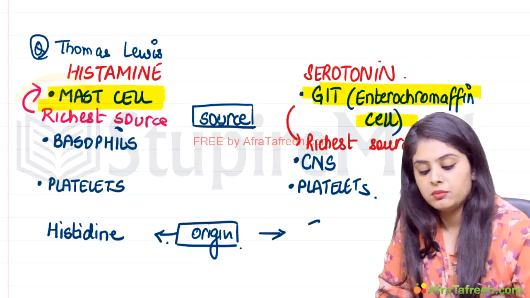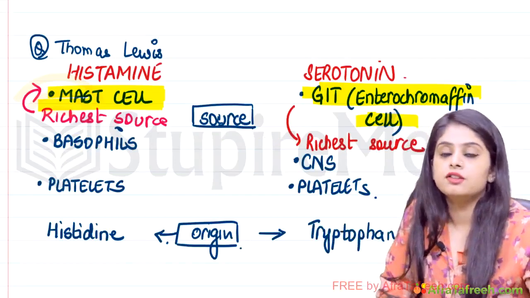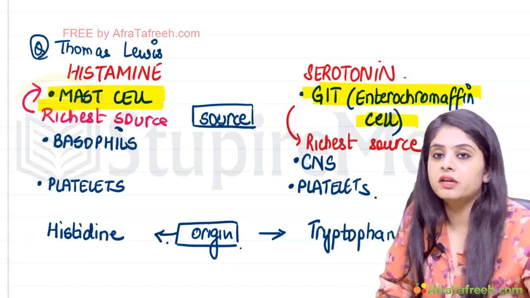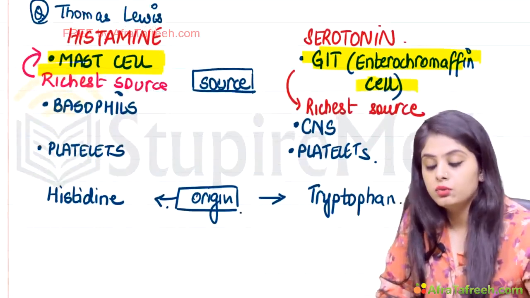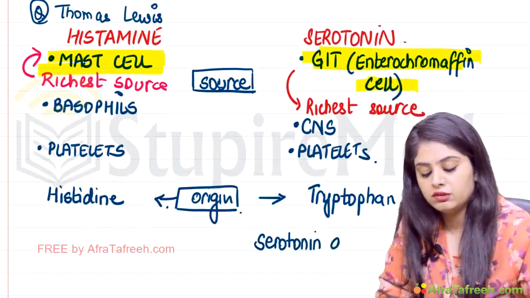Serotonin comes from something known as tryptophan. Serotonin and tryptophan don't sound similar. Actually they do, because serotonin is also known as 5-HT.